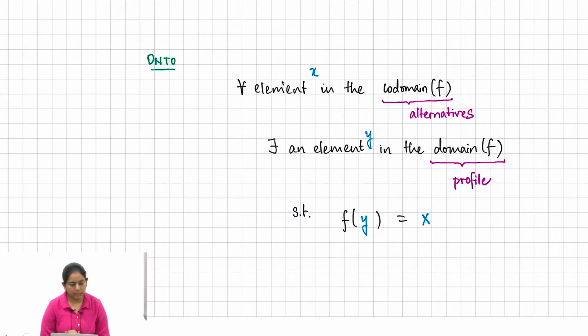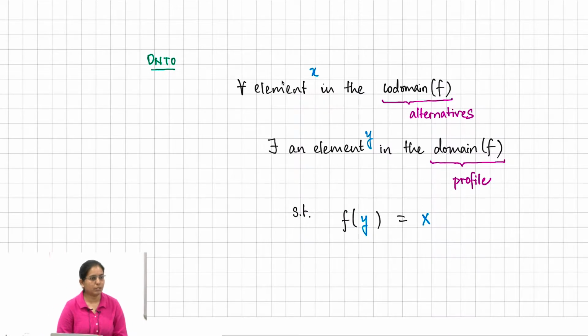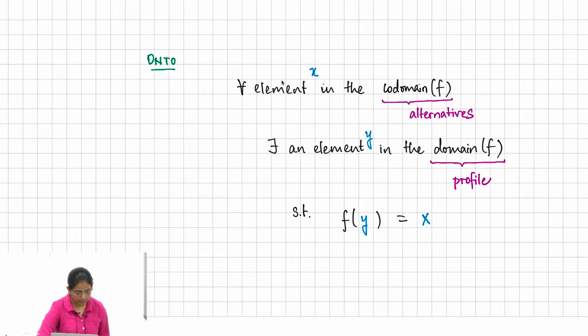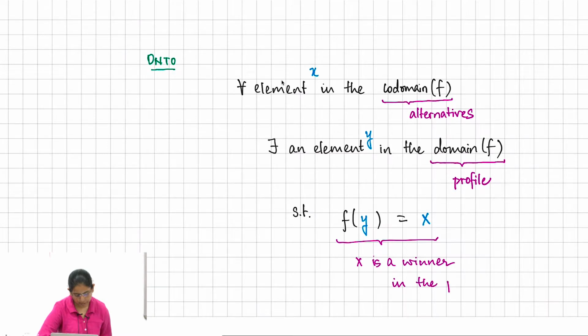So if you just read this out again, this just says that for every alternative, there is a profile in which it is winning. Because for f of y to be equal to x, translates as x is a winner in the profile y. I mean, of course, as declared by f.